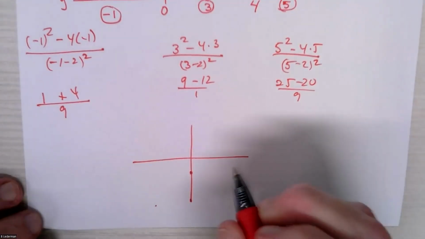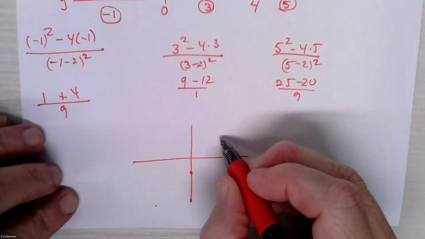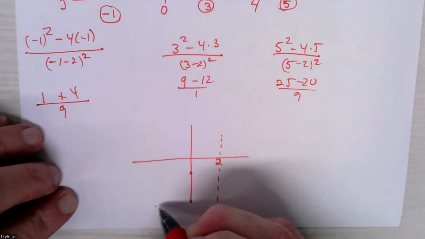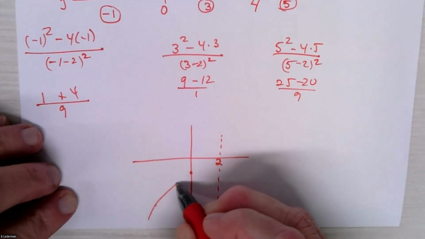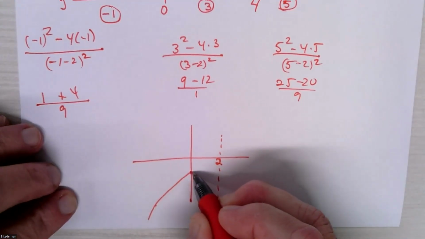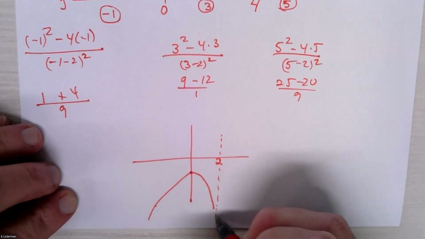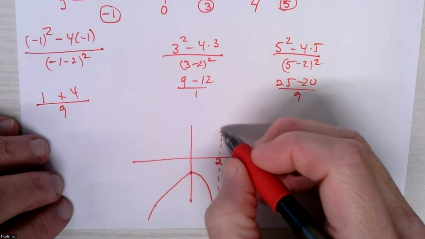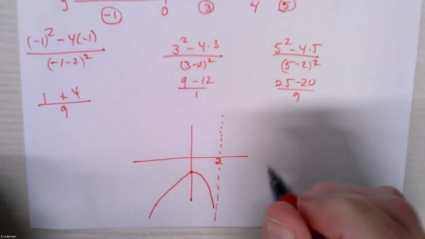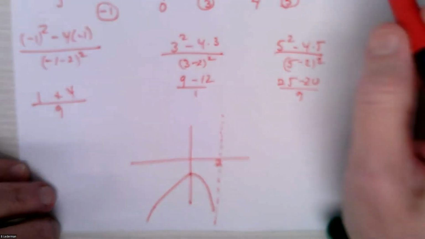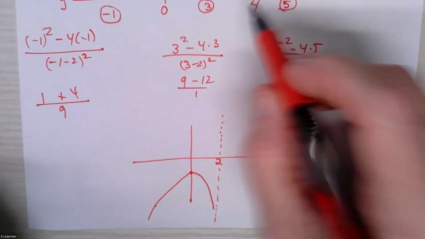We said there was a vertical asymptote at x equals 2. It looks like it's going to come up here, max at (0, -2), and then go down like that. And then on the other side, it's going to descend until we have a min when x equals 4.